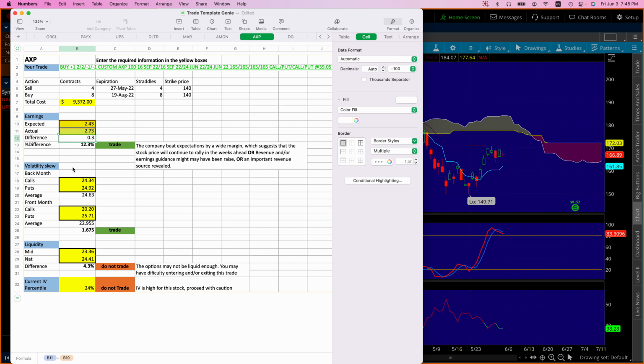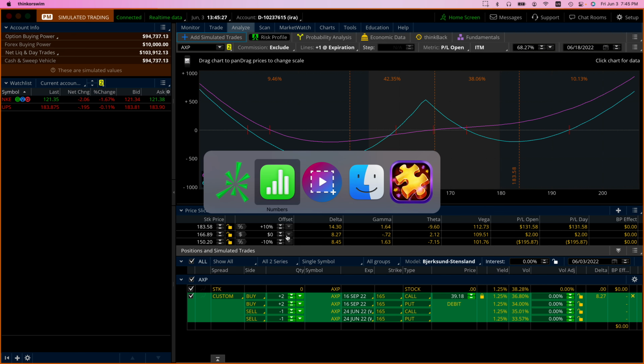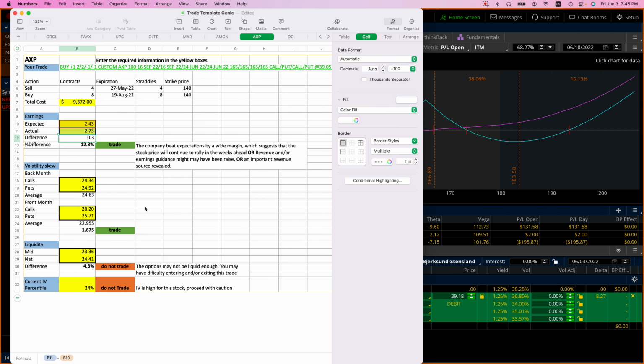Yeah, that's more than 10%. It says trade. Okay, volatility, we go to the Analyze tab, and that should be a no-brainer too. Here is the back month.